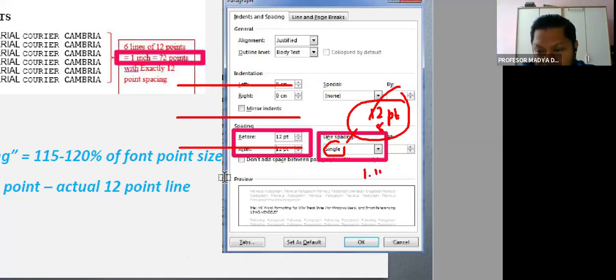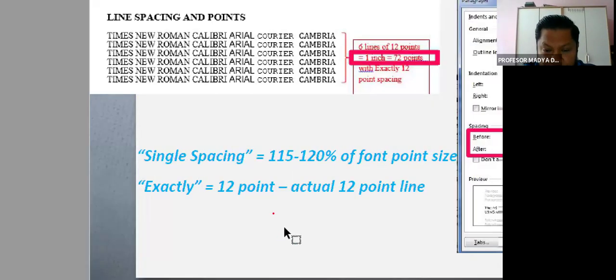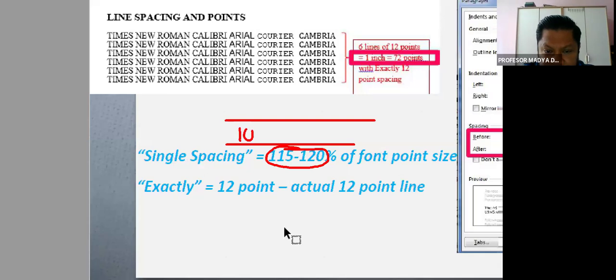Or 1.15, which is 1.15 times that point. So you can have single spacing, which means the distance between one line and the next will be 115 to 120% of the font size. Let's say the font size is 10 point. Single spacing will give you another 15% or 20% extra between line and line.